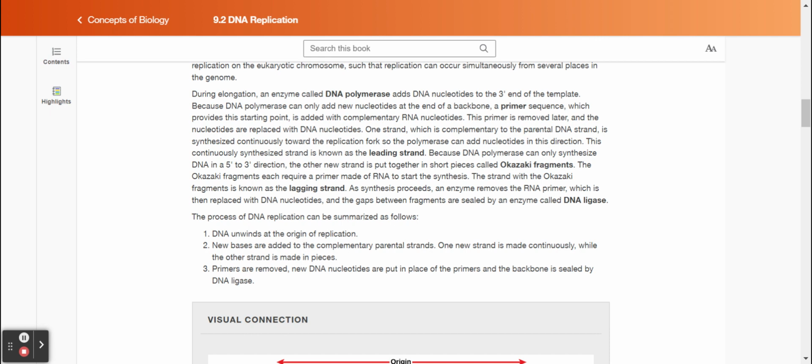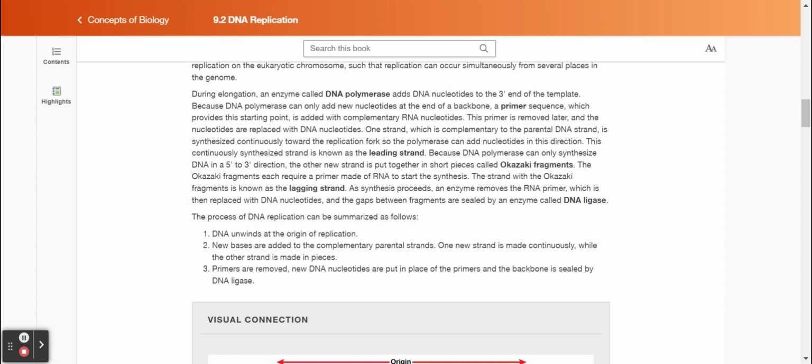This primer is later removed, and the nucleotides are replaced with DNA nucleotides. One strand, which is complementary to the parental DNA strand, is synthesized continuously toward the replication fork, so the polymerase can add nucleotides in this direction. This continuously synthesized strand is known as the leading strand.